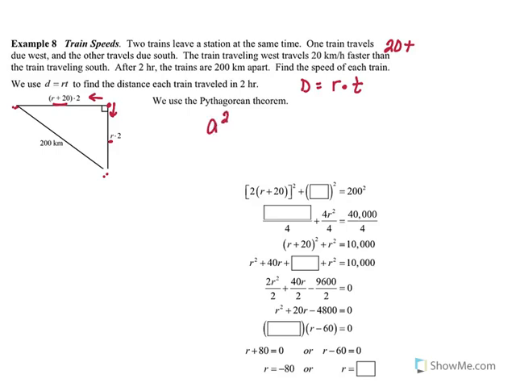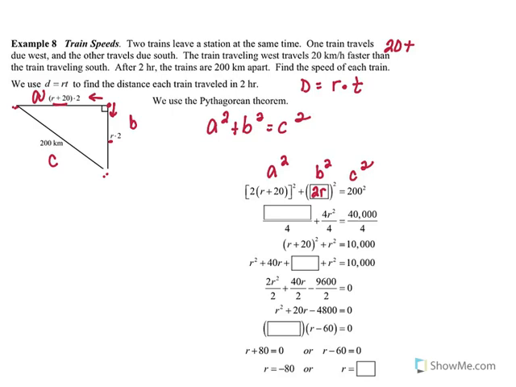Again, that's a squared plus b squared is c squared, where a and b are the legs. So I'm going to take 2 times (r plus 20) squared, which is our a squared. Here is our b, which is r times 2, or (2r) squared, equal to our c value, which is 200 squared.